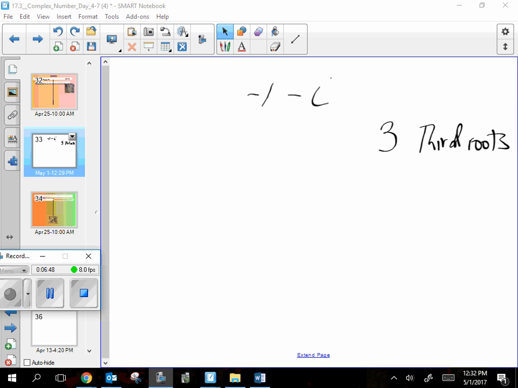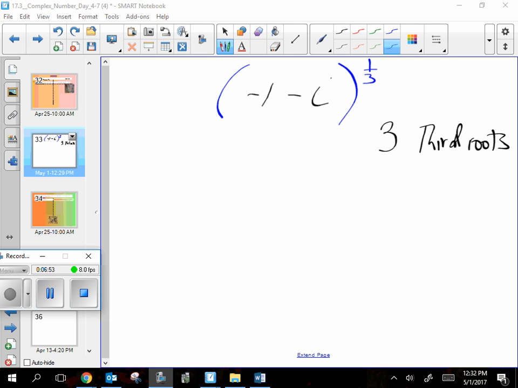This question is important. I hope you get that we are doing this to the 1/3. There's only one way to do a third root. I know third implies 3, but third root implies 1/3.